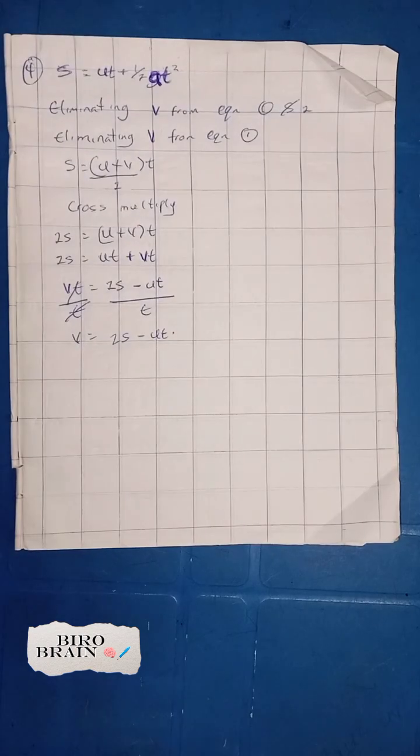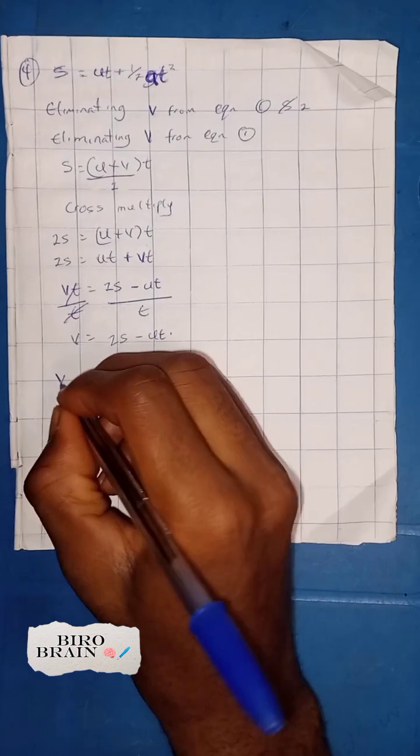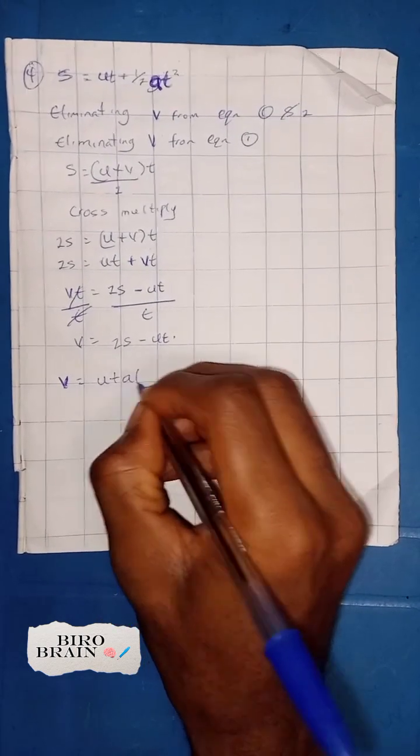From equation 2, we have v equals u plus at.